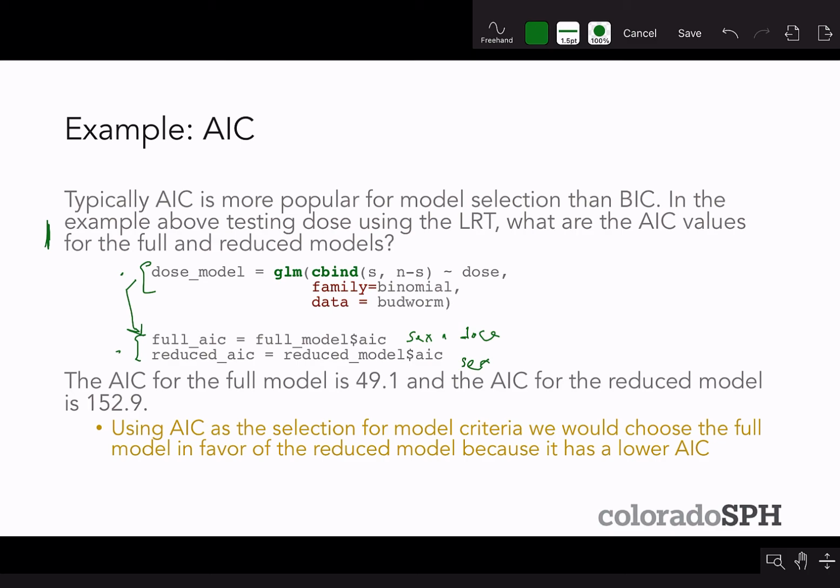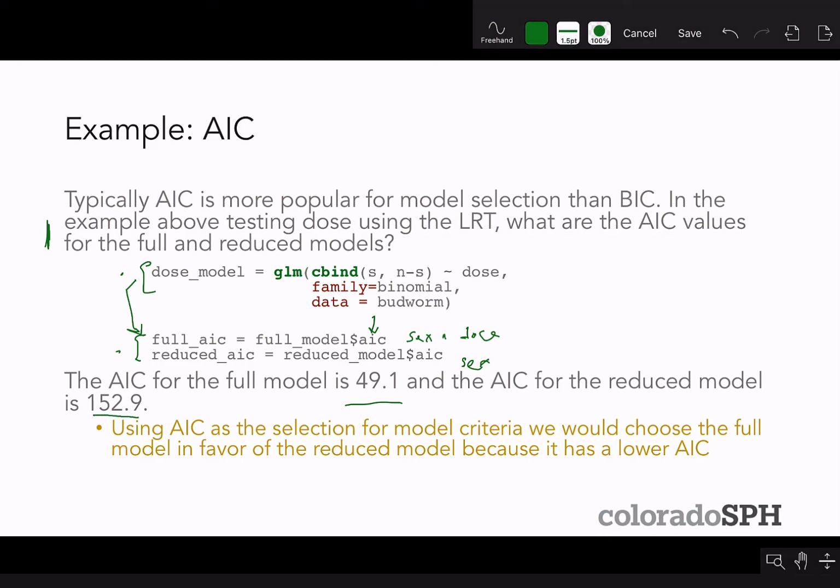In this case, you can get the AIC really easily from GLMs that you run. It's actually just returned as part of the model structure, so you can just use the $AIC to get that value. And for the full model, the 1 plus sex plus dose, we have an AIC of 49.1, whereas for the reduced model that only has sex as a covariate, we have an AIC of 142.9.